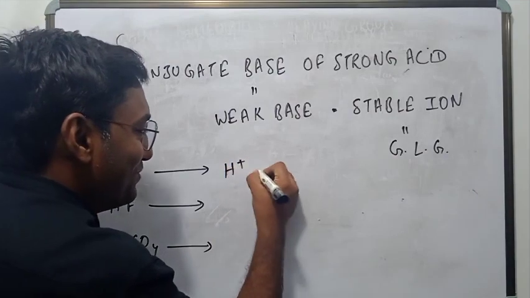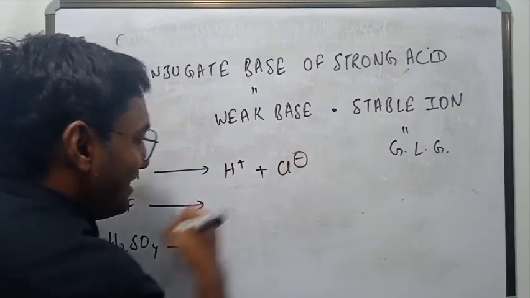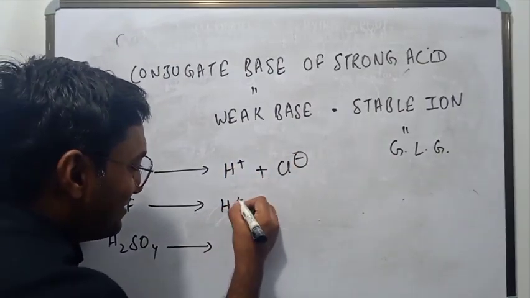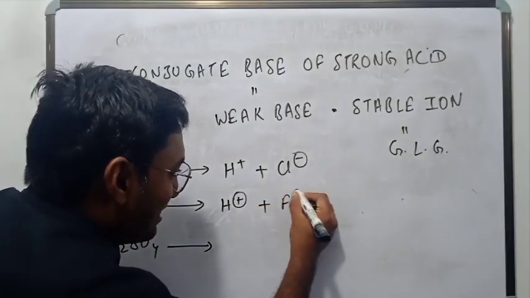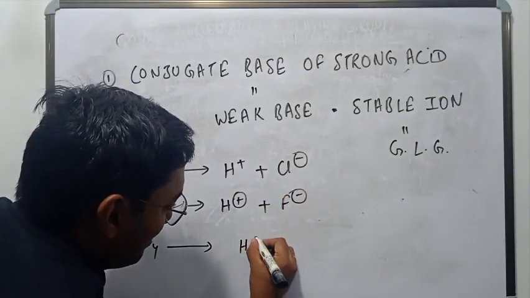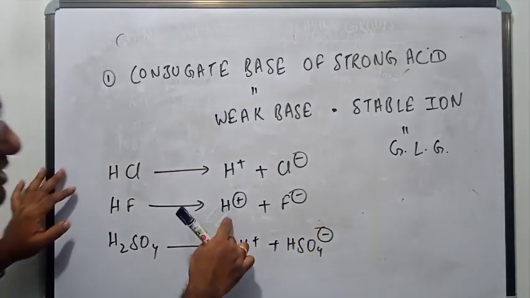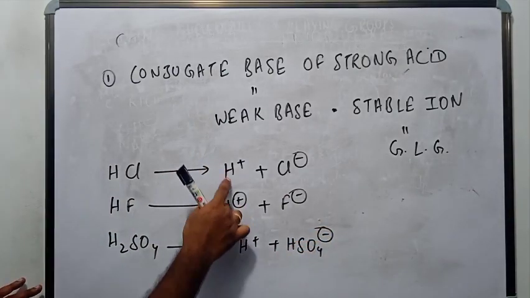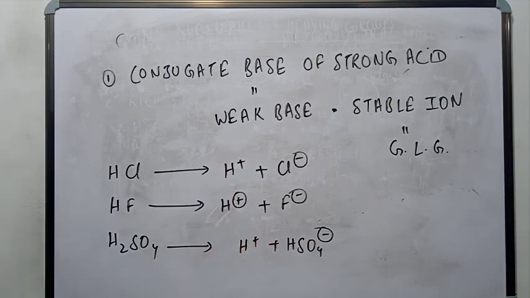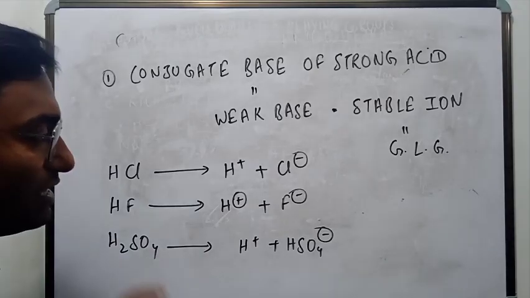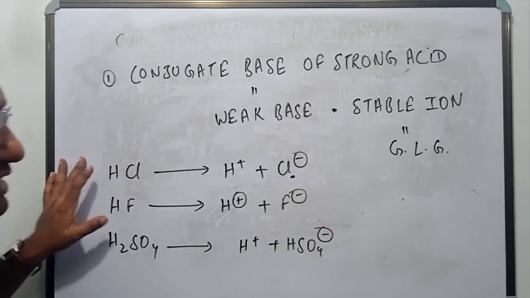These are the dissociation products, H plus and HSO4 minus. All of them will dissociate to give H plus. That is not important here. The important thing is what the conjugate base is. See, this is the conjugate base that is formed.